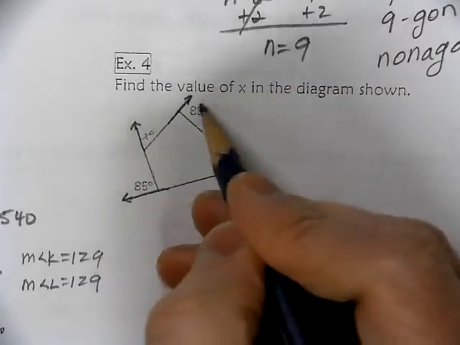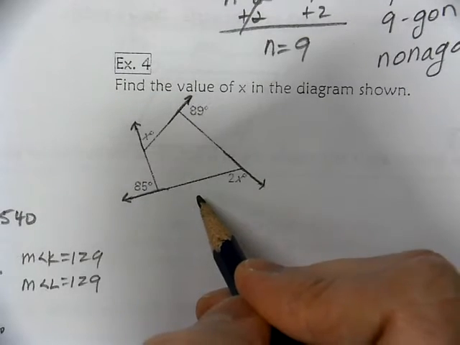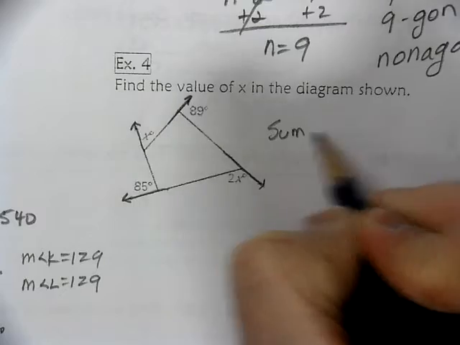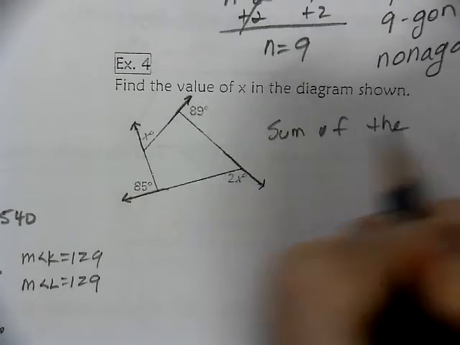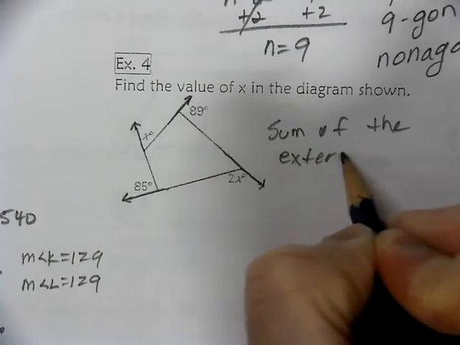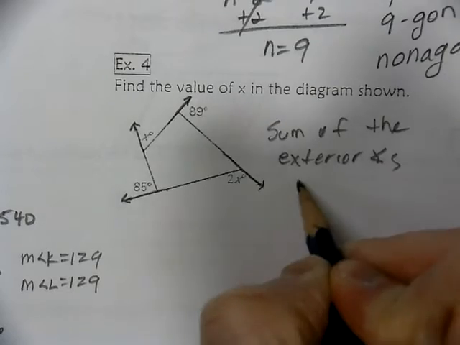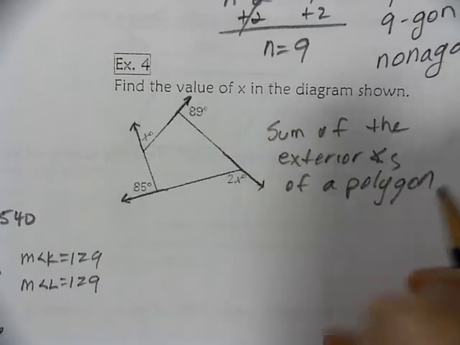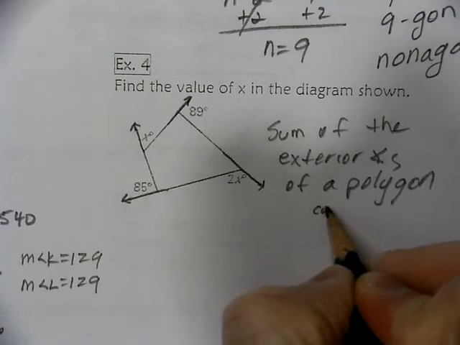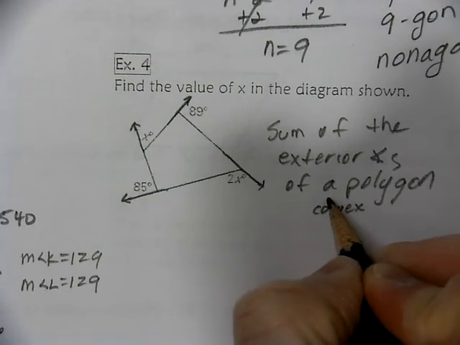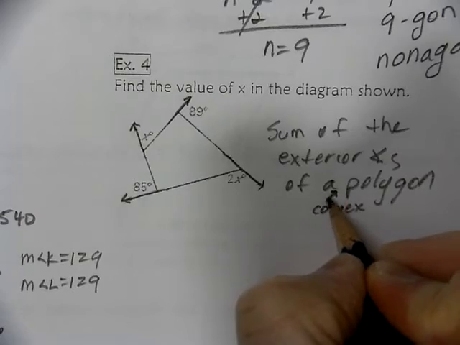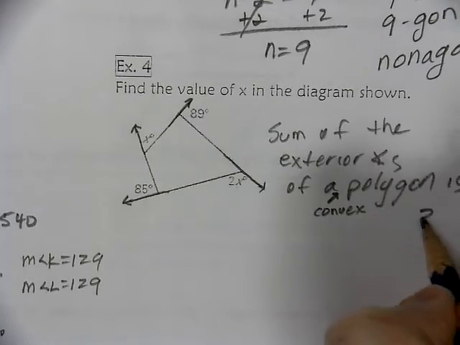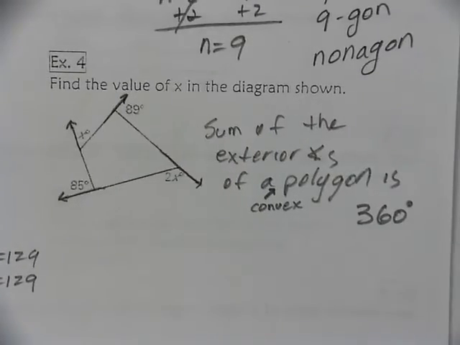So we look at this. We know that it's the exterior angles. You got to be observant to that. We know the sum of the exterior angles of a polygon, we could call that convex if you really want to be detailed about it, is 360 degrees.